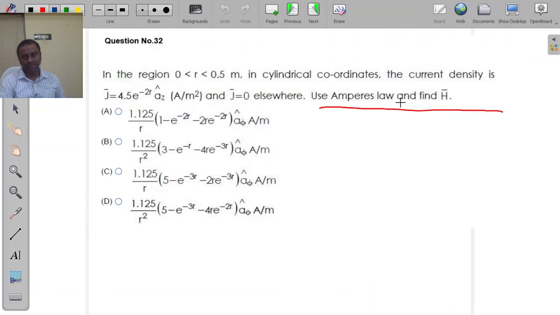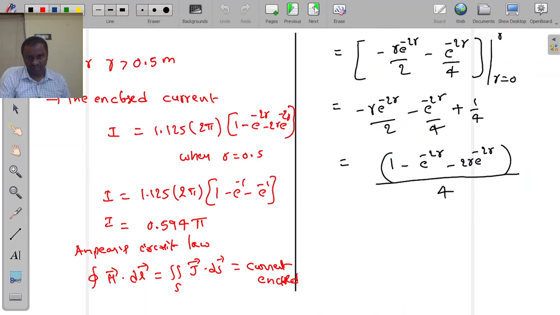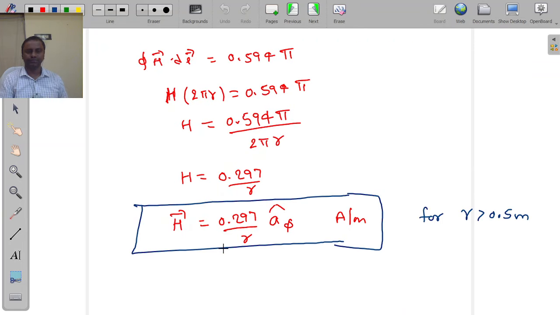They should have mentioned use Ampere's circuit law and find the h for r less than 0.5 or for r greater than 0.5. If r less than 0.5 means answer A, if r greater than 0.5 means there is no answer, the answer is this one. So you decide if you want to object this question, you can raise the objection also. So moving into the next question.